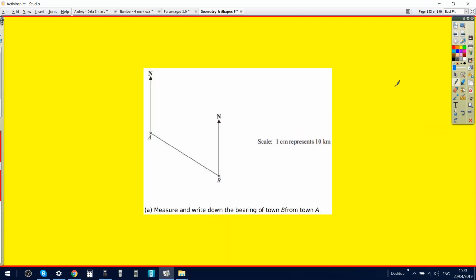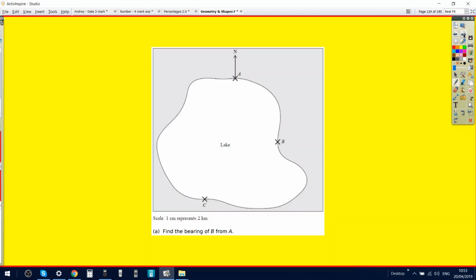How about this one? Which bearing did I want us to find? So from A to B. Yes. So it's that one again. And this one looks like it's more than 90. It looks like it's more than 100, so it'll be fine. There's no trick there. How would we do this one? Okay.